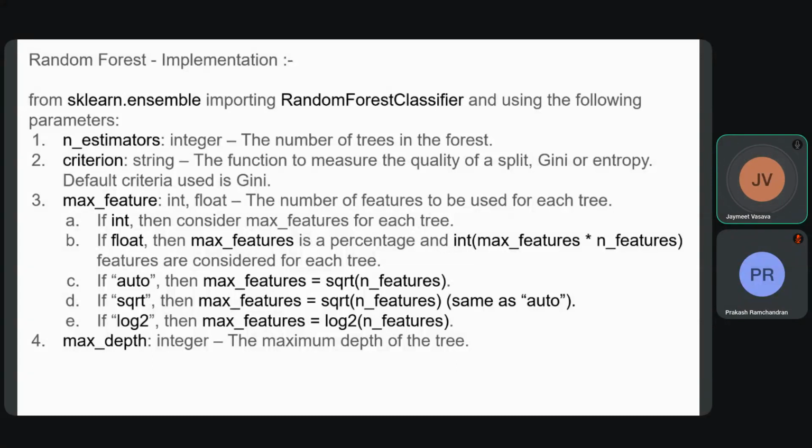If square root, it's the same as auto. And for log2, max features is the log of n features with base 2. Then the maximum depth of the tree is defined by the max depth parameter.